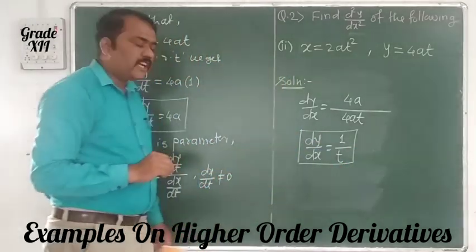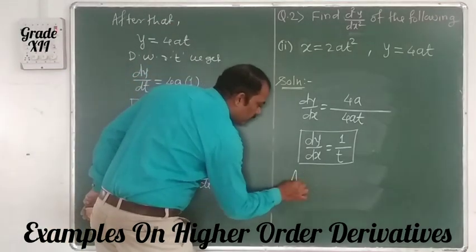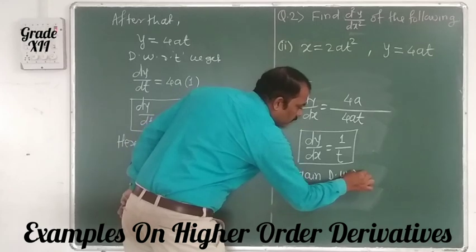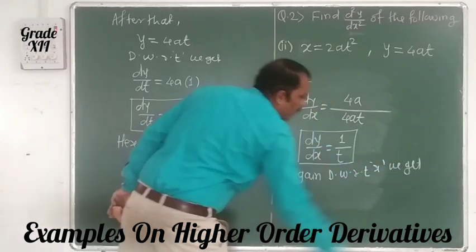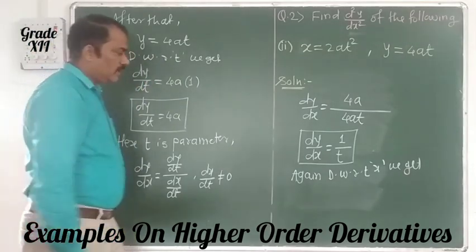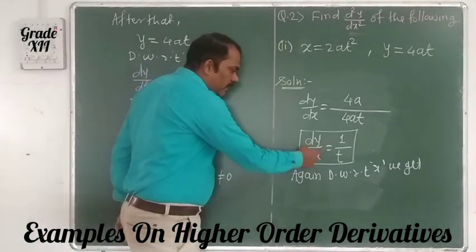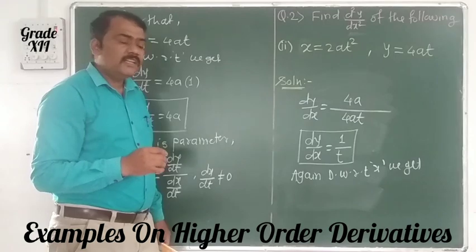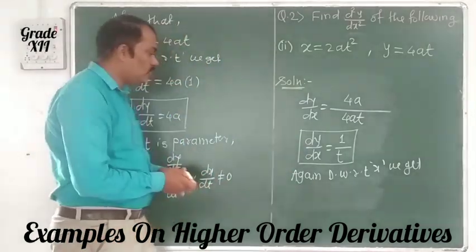We have to find the second order derivative, so we have to again differentiate with respect to x. Here we have to differentiate with respect to x. Why? Here we have dy by dx, and from the dy by dx we have to find d2y by dx square, so we are required to differentiate with respect to x.